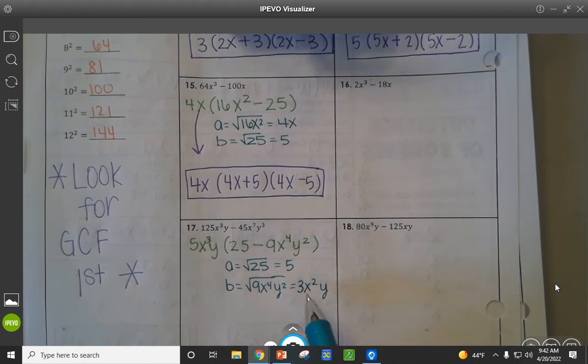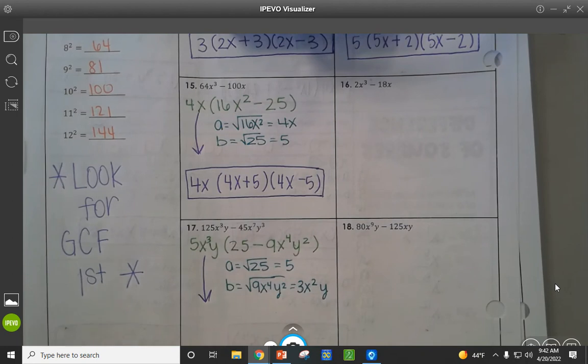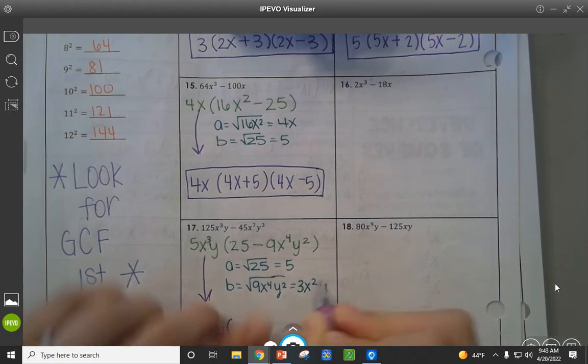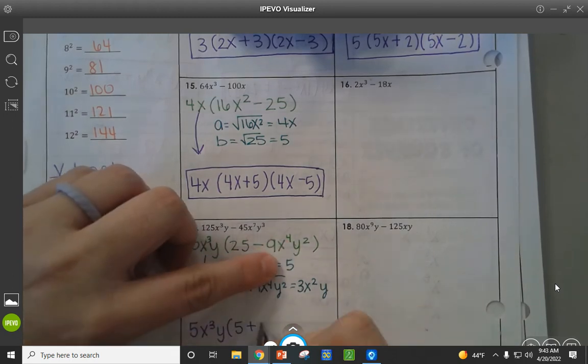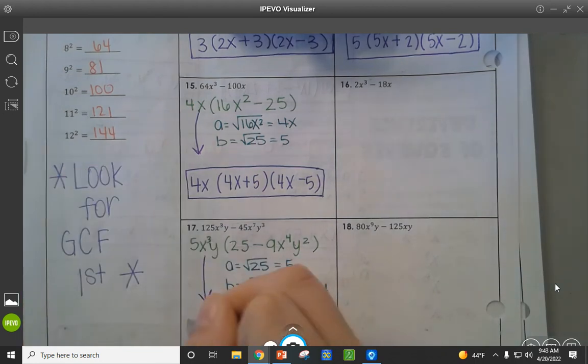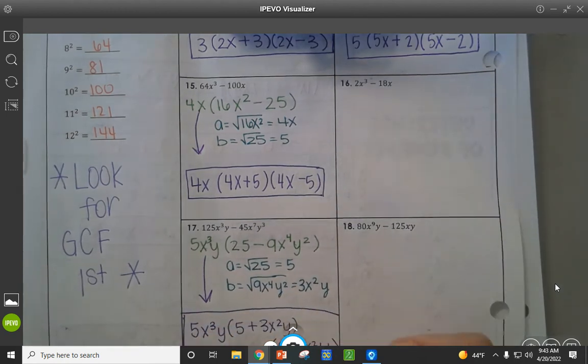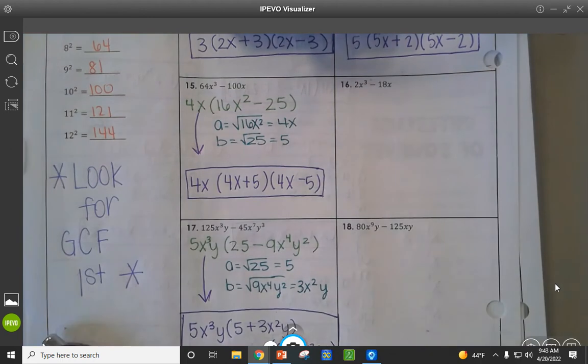Perfect. 3x to the 2nd, y to the 1st power, or just y. And so your final answer, 5x cubed y, and then we have 5 plus 3x squared y, 5 minus 3x squared y. And we'll stop there.